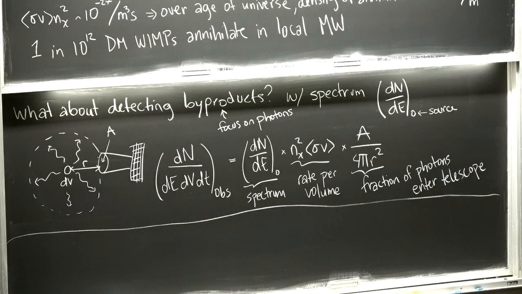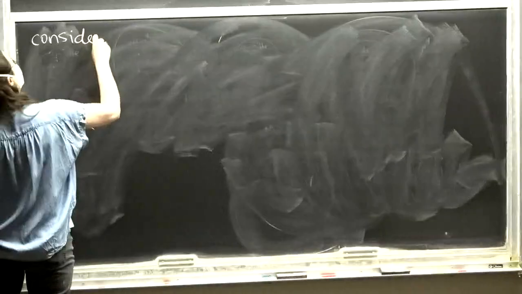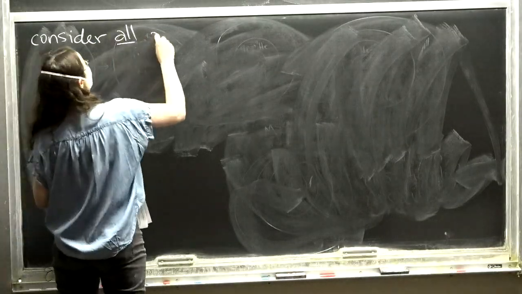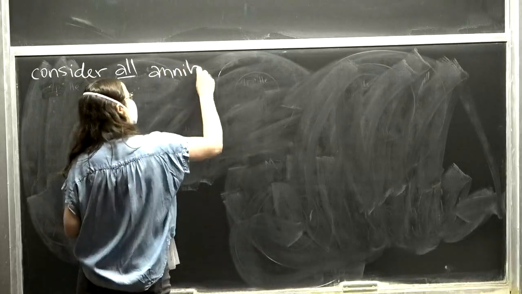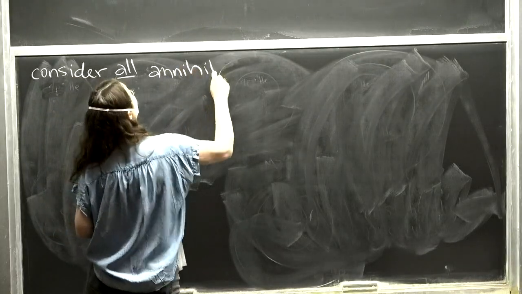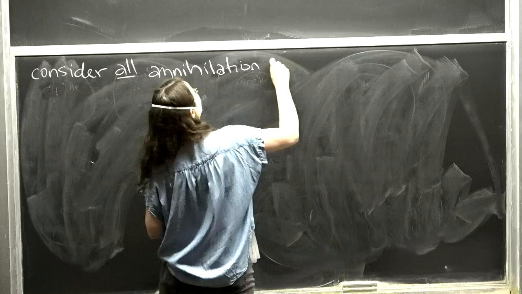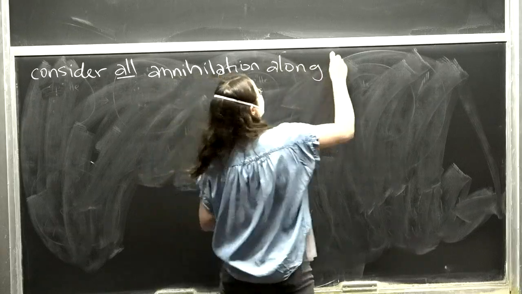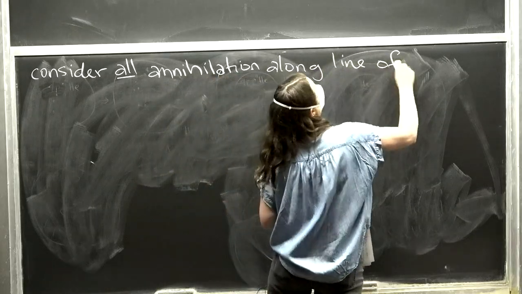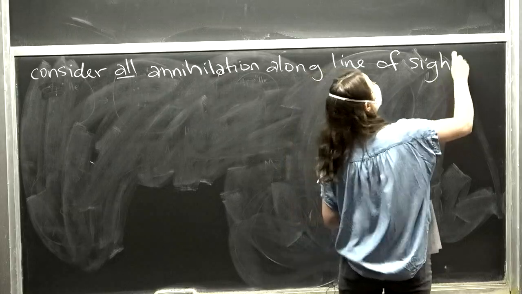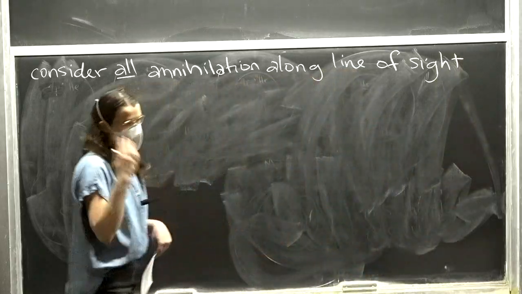So I want to consider all the annihilation along a line of sight, which is just the direction you're looking in.